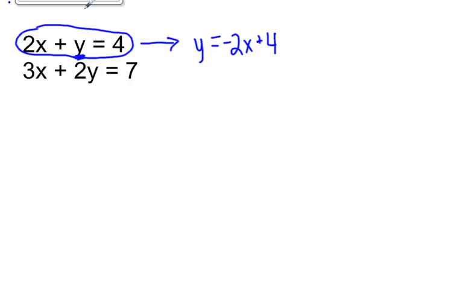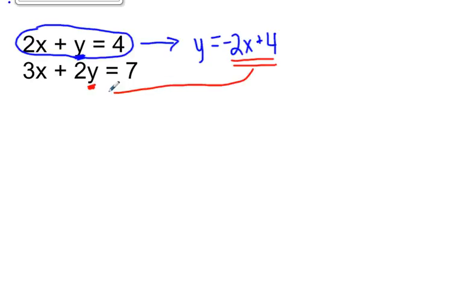Okay. Now that I've used this first equation, I'm going to go to my second equation. And I have just solved y for -2x plus 4. So I'm going to substitute -2x plus 4 in for my y variable.